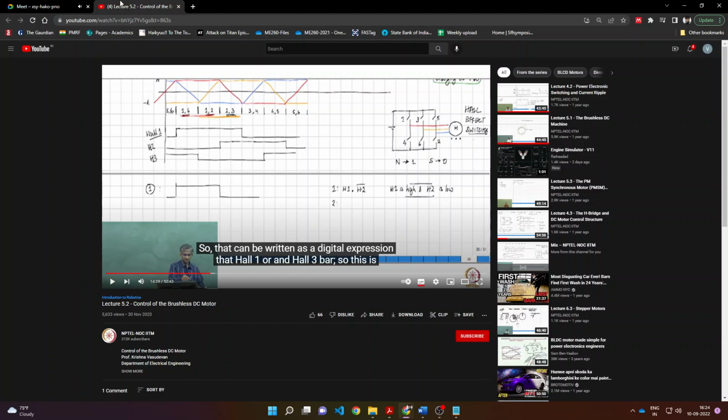My waveform is a little different. Okay. They've given something like this. And the third one starts here.